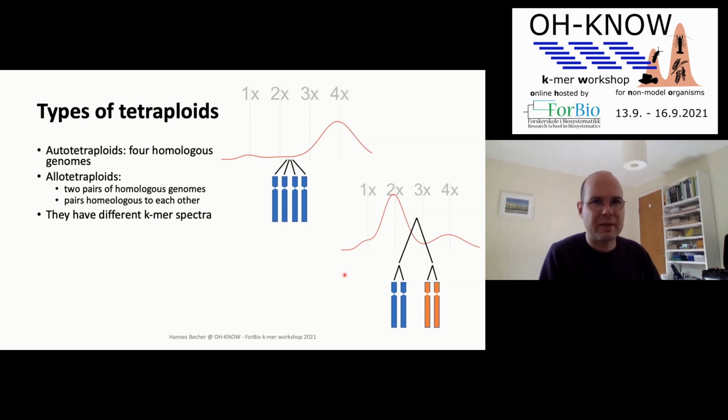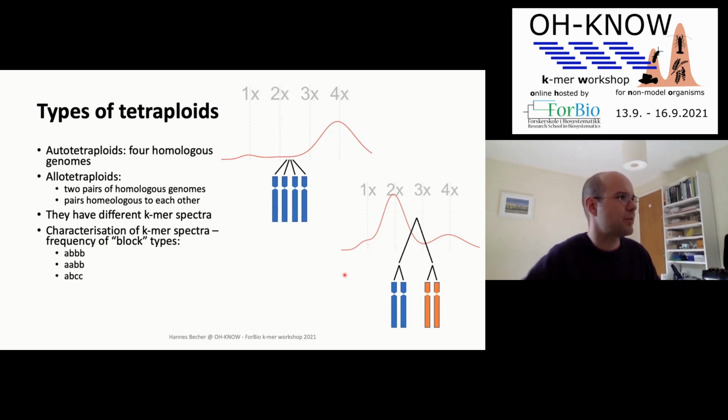Now you can characterize these K-mer spectra by thinking about blocks of 4 corresponding K-mers. For instance, if you go to one site in the genome and compare the 4 corresponding K-mers, they might be all identical. If so, this block of 4 K-mers contributes to the 4x peak. Or you might have a block that is ABBB, so there's 1 allele and 3 copies of another allele in the other genomes, and then 1 K-mer contributes to the 1x peak and the other to the 3x peak.